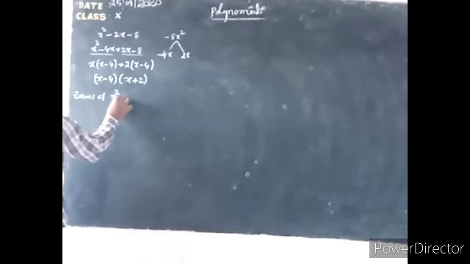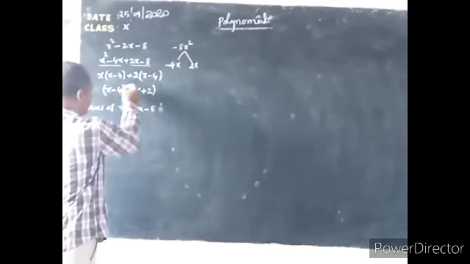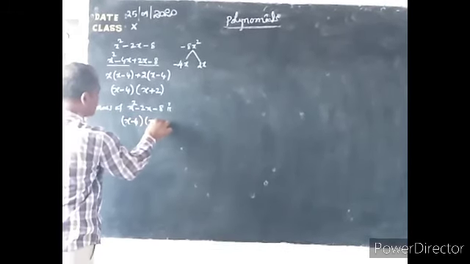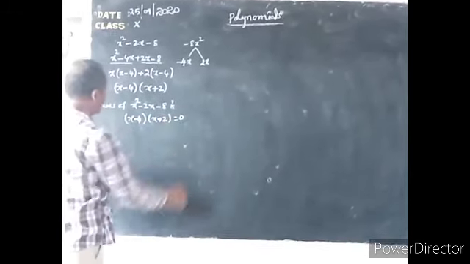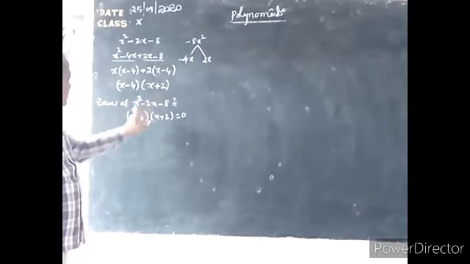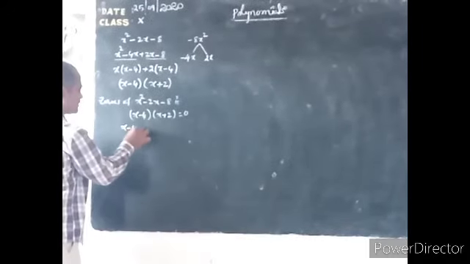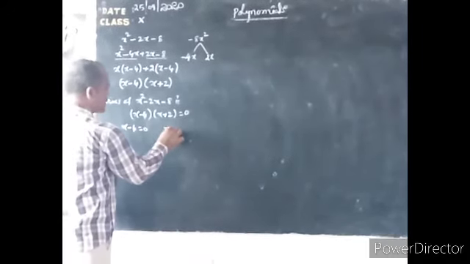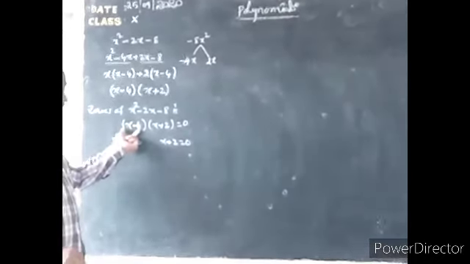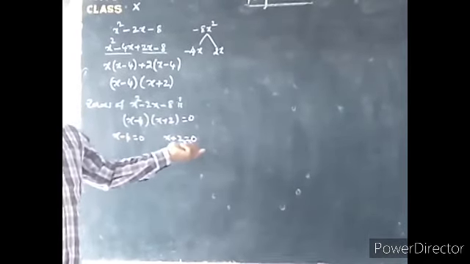So the zeros of x square minus 2x minus 8 is what, ma'am? X minus 4 into x plus 2 is equal to 0. This one only we are writing as this one. Now that is equal to 0, which means x minus 4 is equal to 0 or x plus 2 is equal to 0. How? Once you take x minus 4, this will be transposed, 0 by any number is 0.